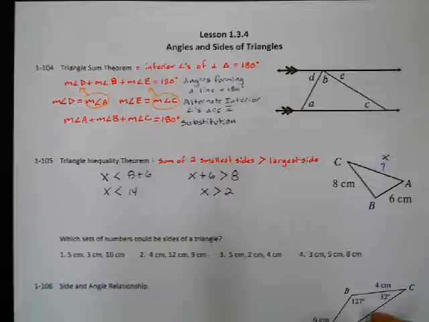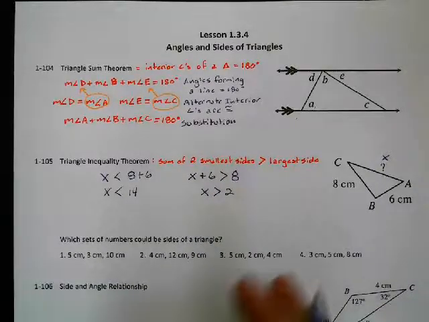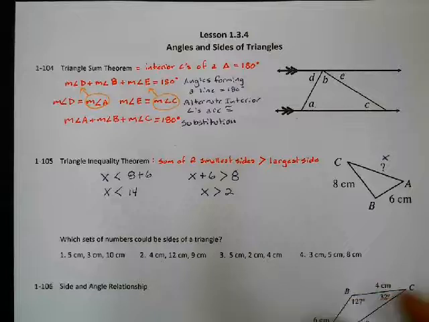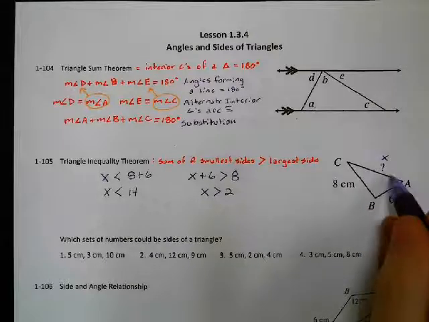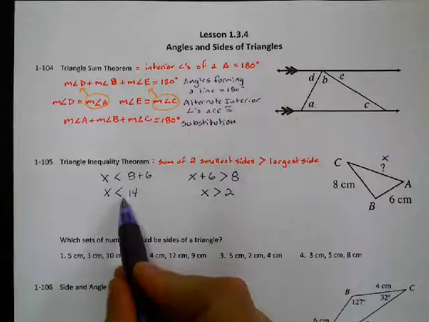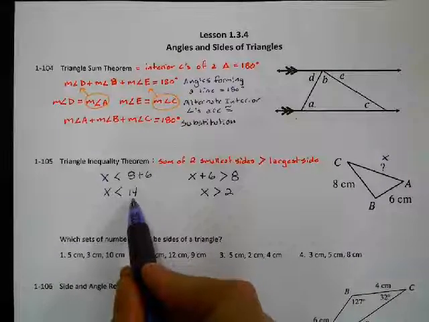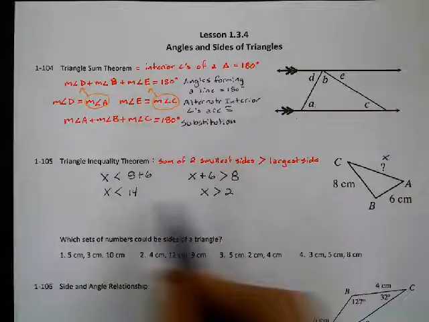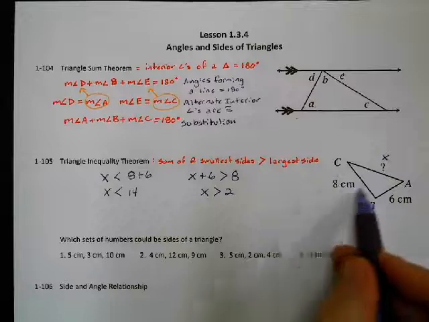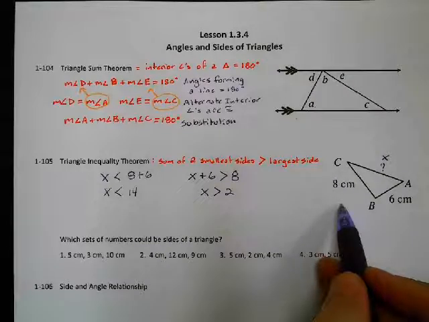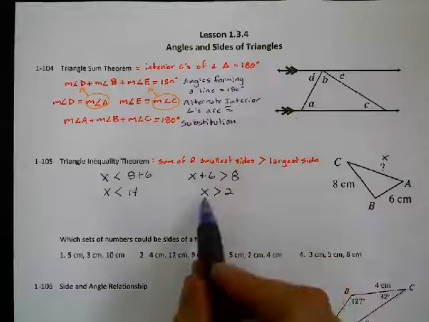All right, so I've got two things I have to look at. What if this is the biggest side? If it's the biggest side, then it has to be smaller than 14. The second thing I looked at is, what if this was the biggest side? Then x has to be bigger than 2 in order for it to work.